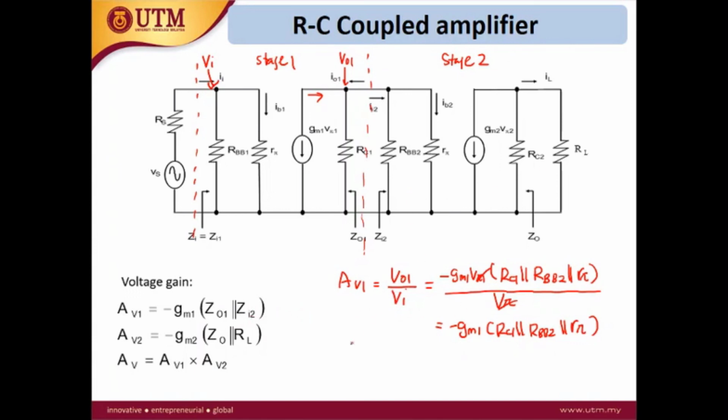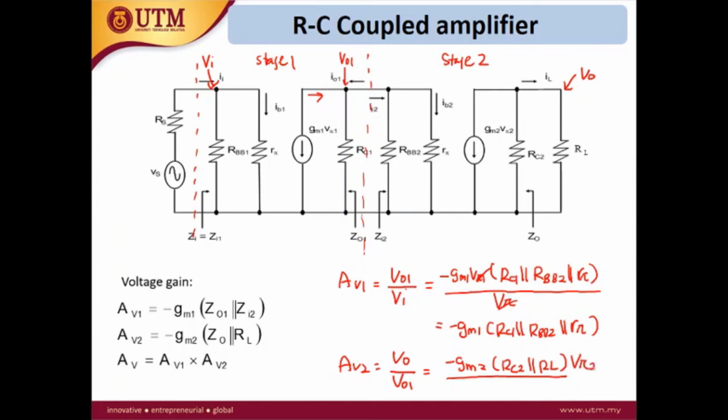Okay. So AV2 is defined by V out over V out 1. V out here is minus gm2 RC2 parallel with RL. And then what is V out 1? Oh, I missed the V pi.